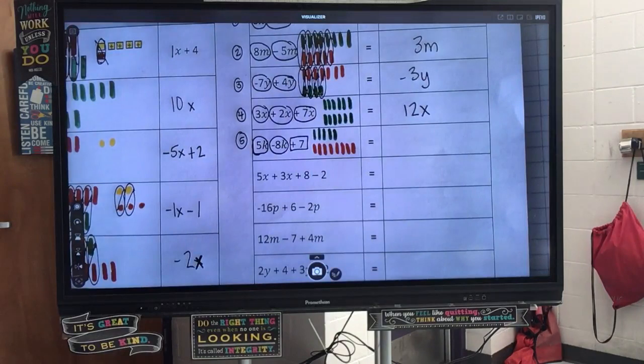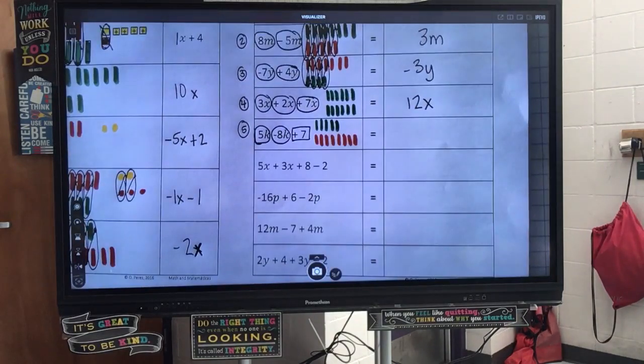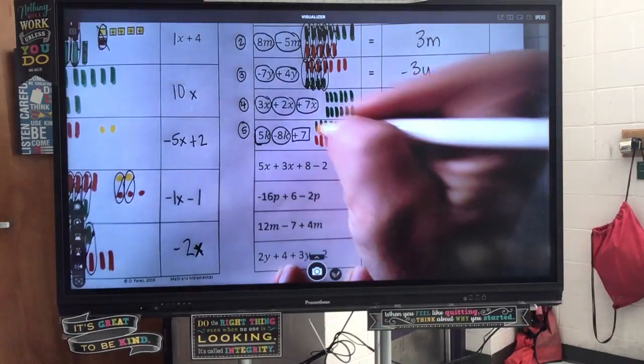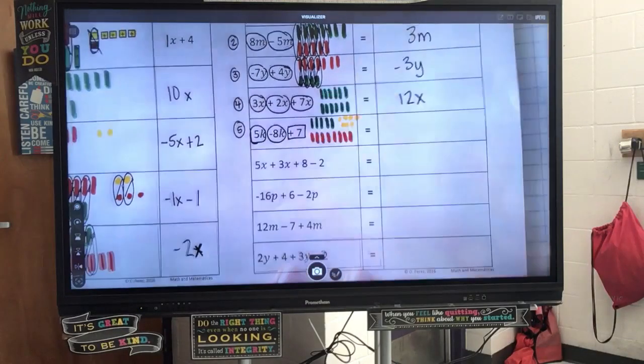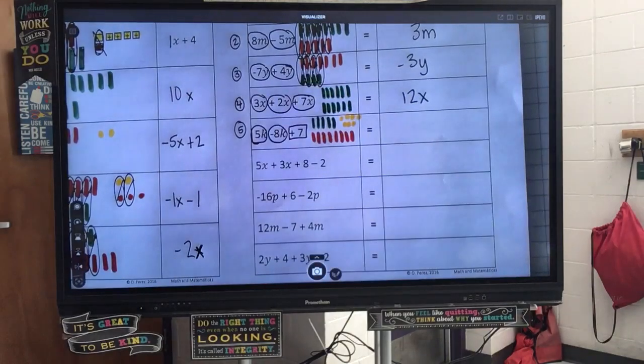And then how many just regular positive numbers do we have that don't have a variable? Christiana? 7. Alright, so we have 7. Can we combine or eliminate any of our k's?